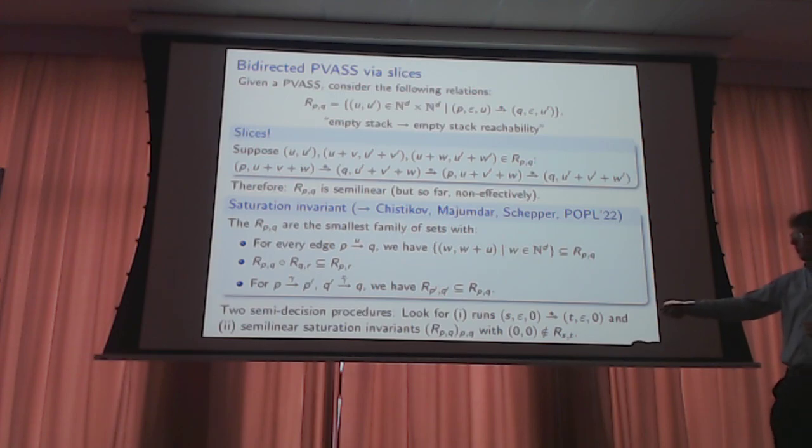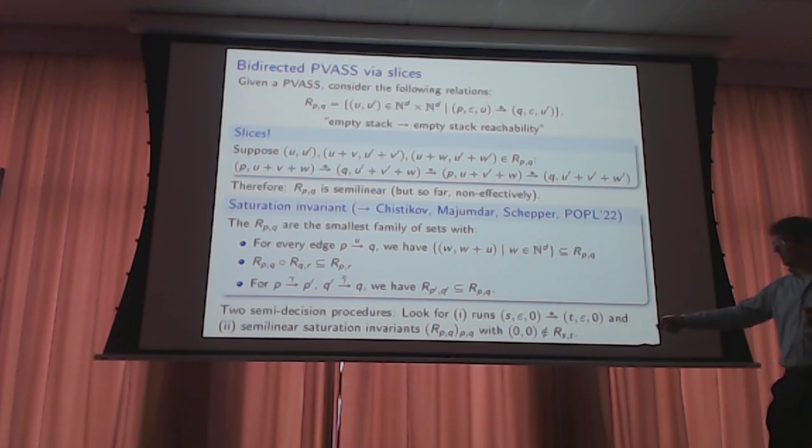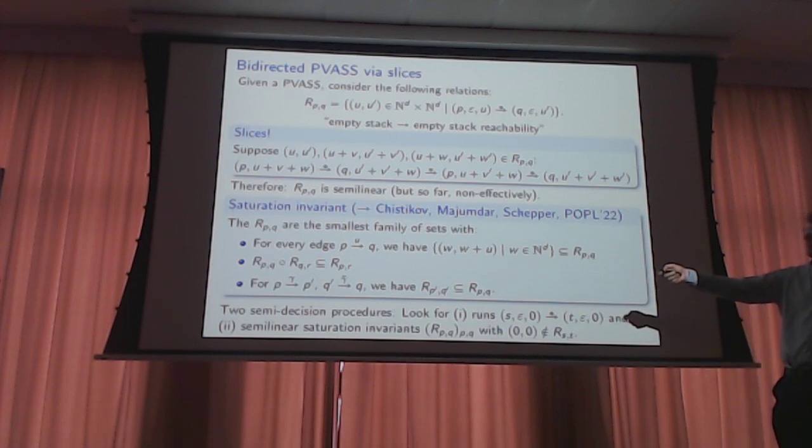So when one of them terminates, of course you know you have the correct answer. If you find a path, then of course you're reachable. If you find such a saturation invariant that does not contain 0 to 0, then of course you know you're not reachable. And the fact that the real thing, the real RPQ is semi-linear means you can also find one. That shows termination of the algorithm.